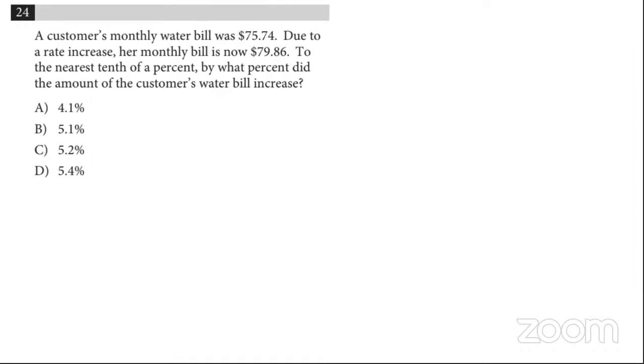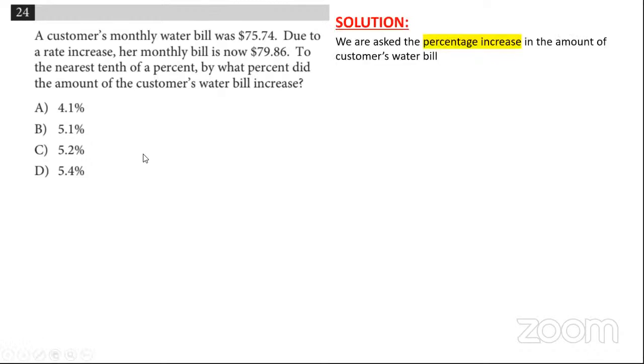So let's deal with this question, how to go about it. Originally the customer's water bill was $75.74. Then it increased to $79.86. What we are asked to find is the percentage increase in the amount of the customer's water bill.